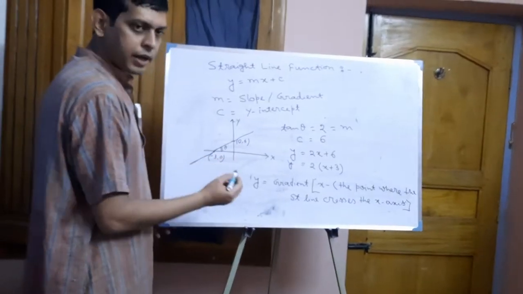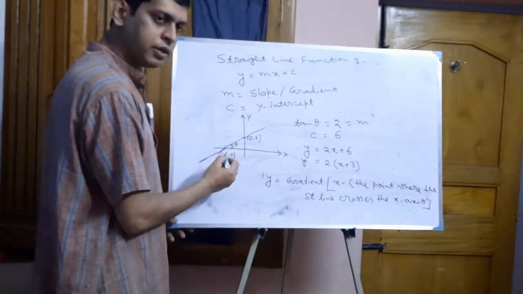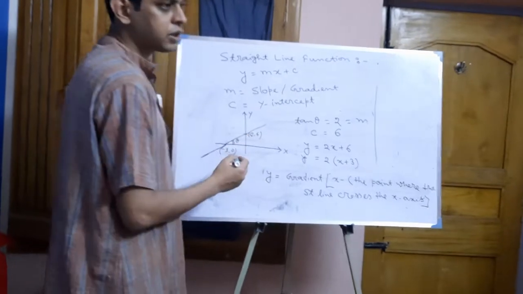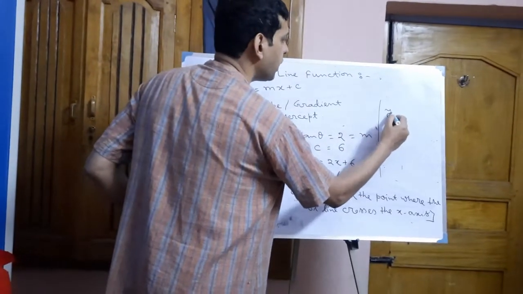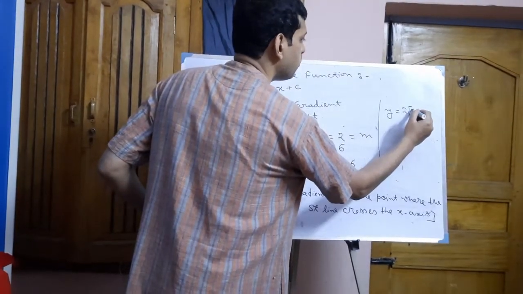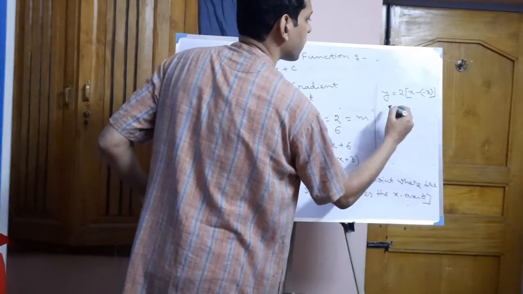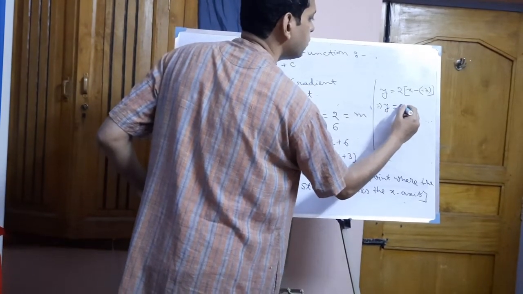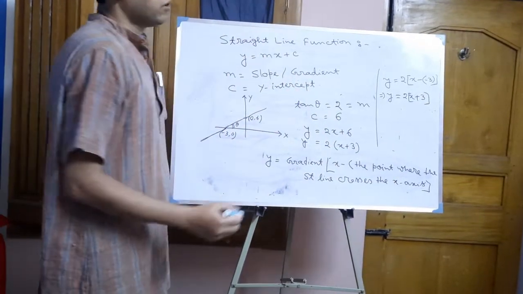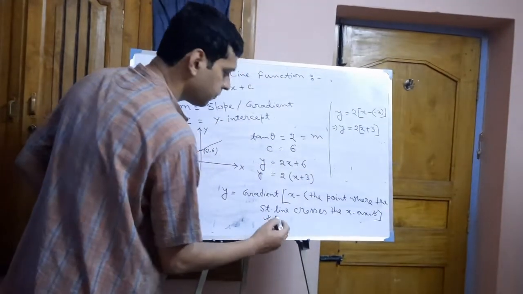Here the point at which the straight line cuts the x-axis is -3. So we can write the equation of the straight line directly as y equal to the gradient 2 into (x minus -3). So y equal to 2 into (x plus 3). So from now onward we will follow this notation directly.